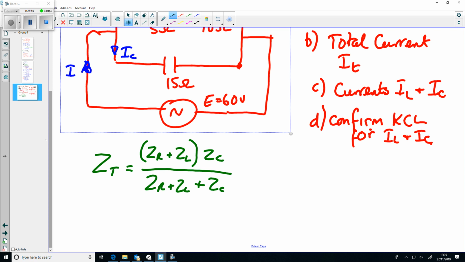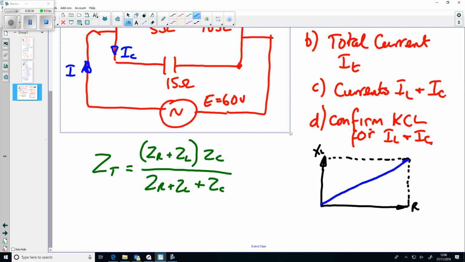Well, if we follow the rules, if we're drawing the impedance phasors, you're going to have R in series with XL, and you're going to complete a parallelogram, and then you're going to combine that with the ZC.